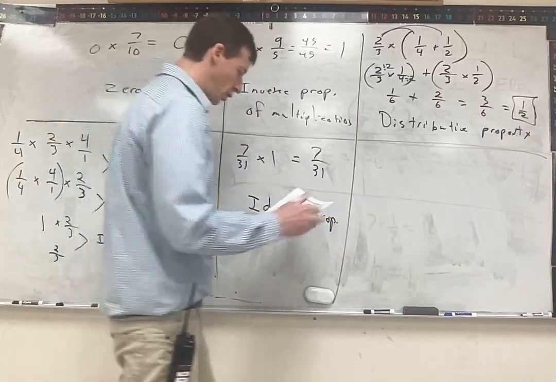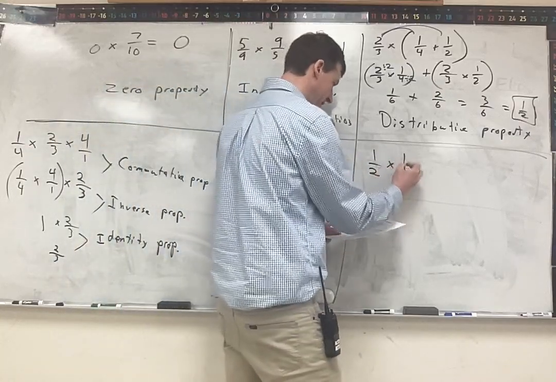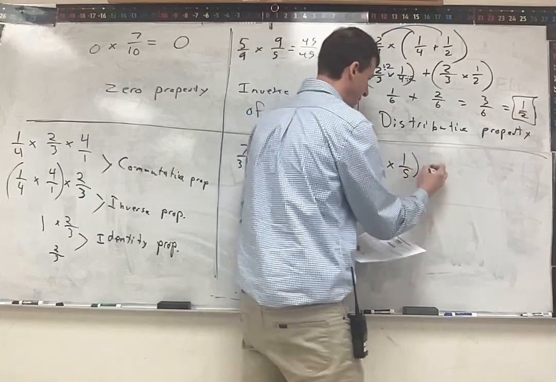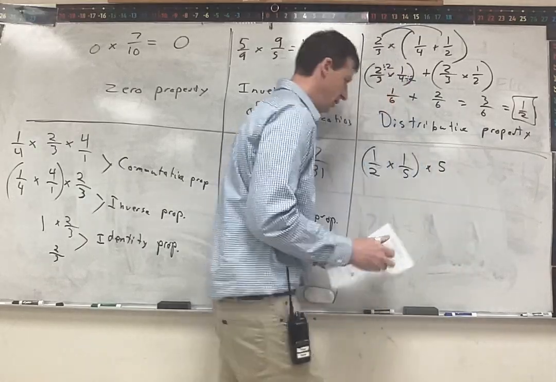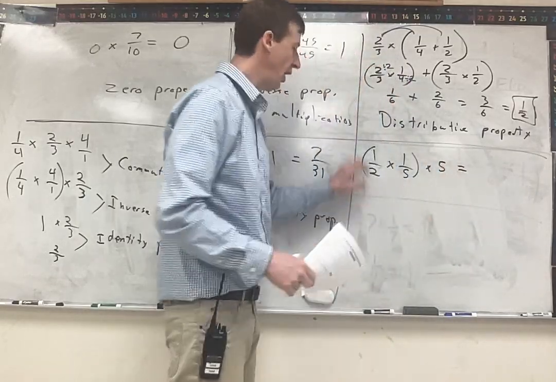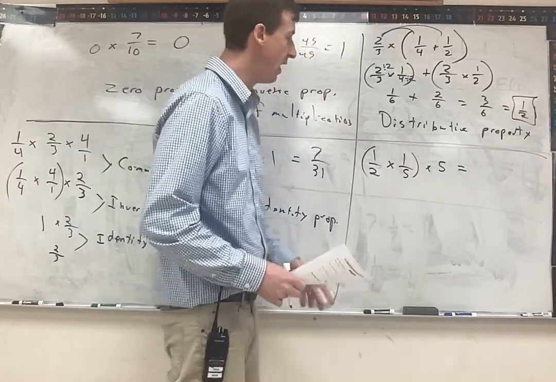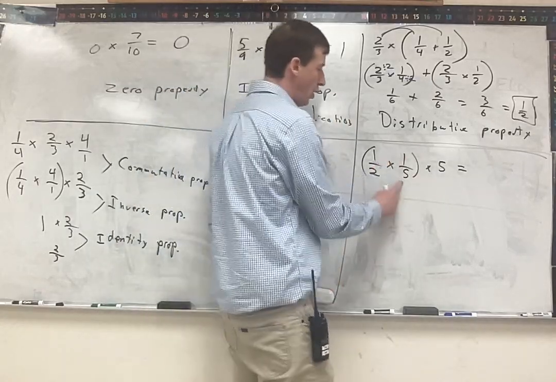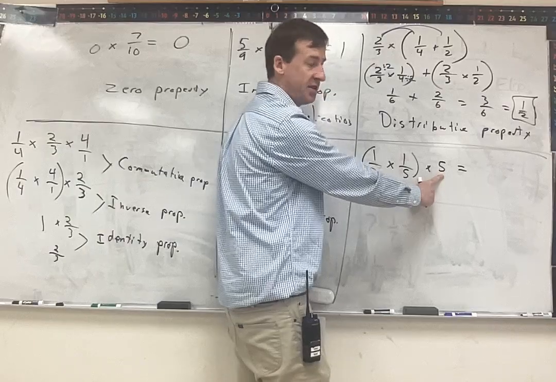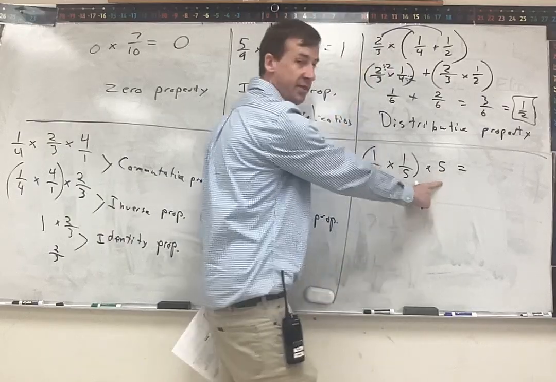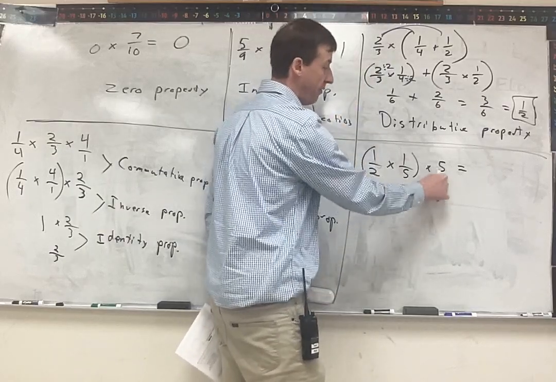And then the last one, 1/2 times 1/5 times 5. All right, well, I could just do order of operations. I could solve inside the parentheses and multiply by 5. But if you look, 1/5 and 5, those are inverses of each other, because this is technically 5/1.